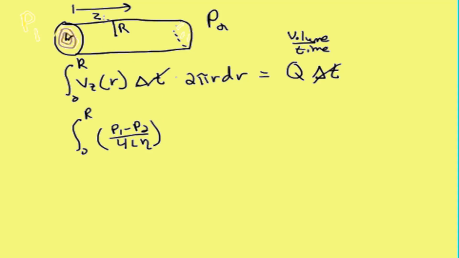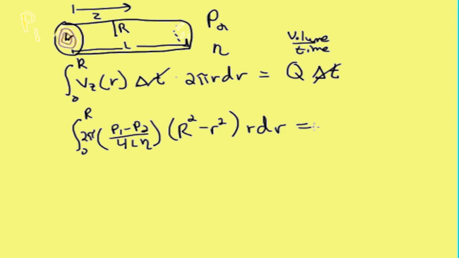This tube has a length L, and the fluid flowing in it has a viscosity eta. And then this will be multiplied by big R squared minus little r squared, and then we have the r dr, and we also have a 2 pi just because of this right here. That's going to be equal to our volume flow rate Q.